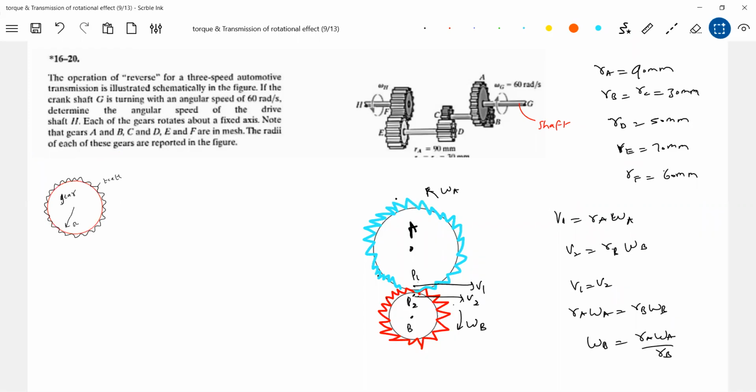So this should be the diagram. Gear C and B are connected just by a rod like this. How is it in this one? Opposite to that one, huh?